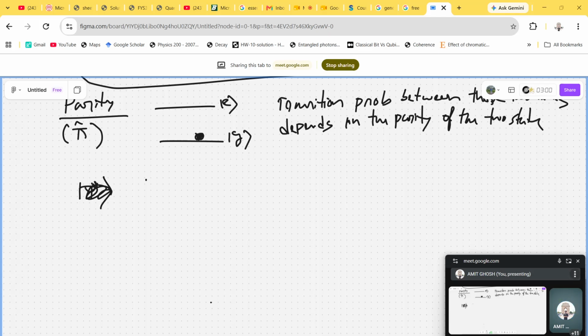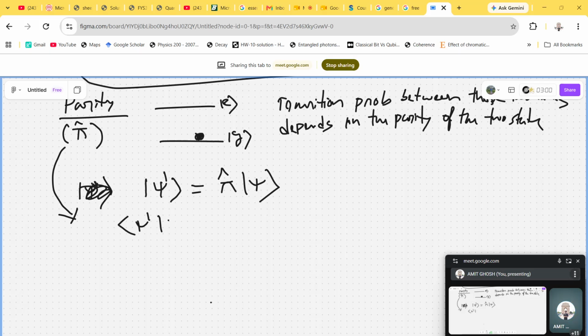What does the operator do? You have a wave function psi, and parity changes it to psi prime. Now what is psi prime? The definition is that the average of psi prime x cap psi prime equals minus the average of psi x cap psi. So this is the definition of the parity operator.